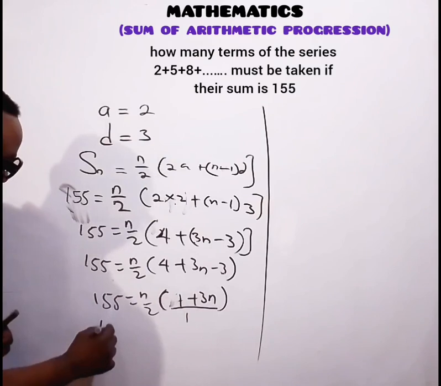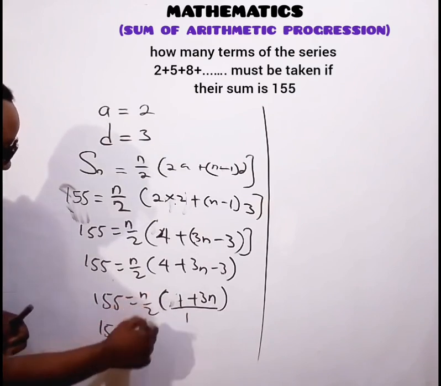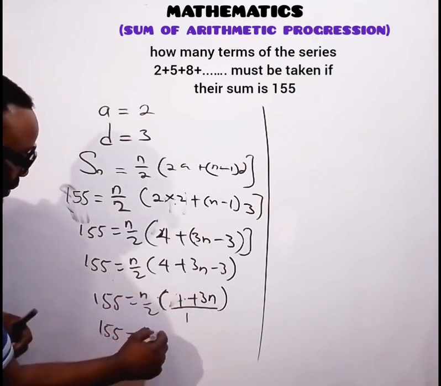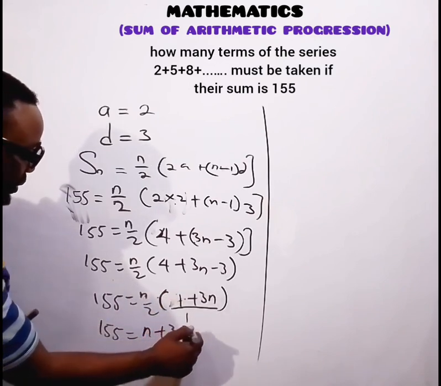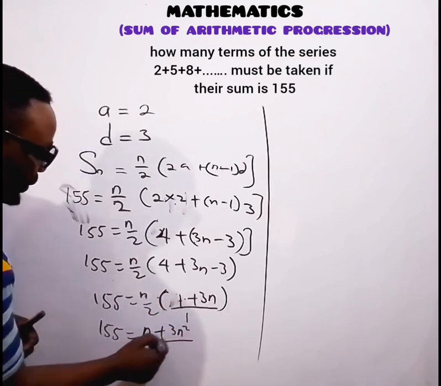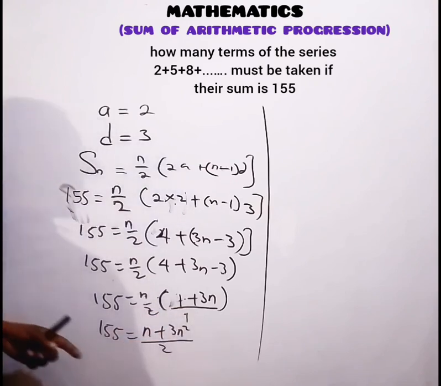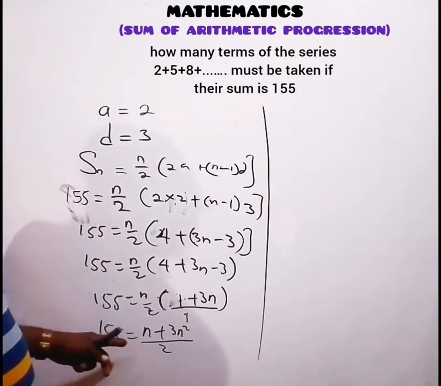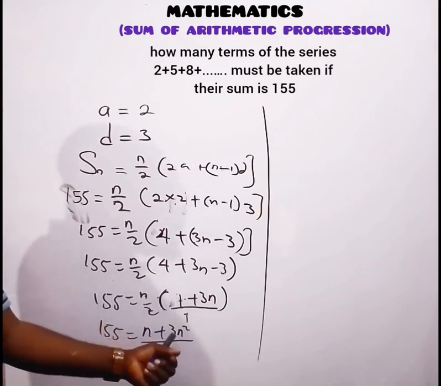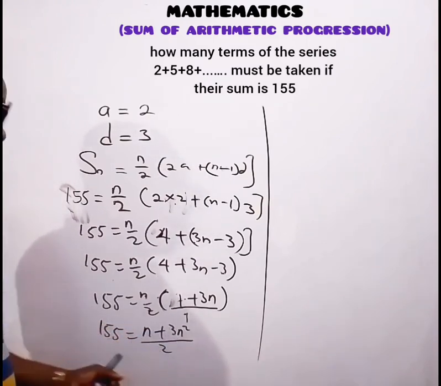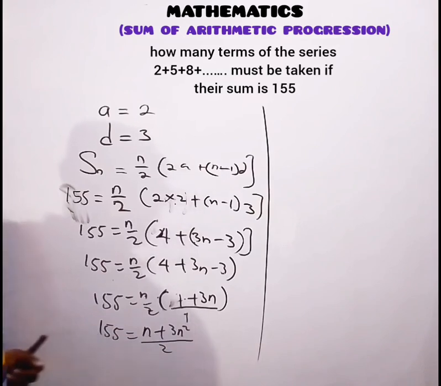So we have 155 is equal to n times 1, n, plus n times 3n, 3n squared, all over 2 times 1, which is 2. At this stage, we can cross multiply because we have a single term at the right hand side and a single term at the left hand side. This one is as well equal to over 1.